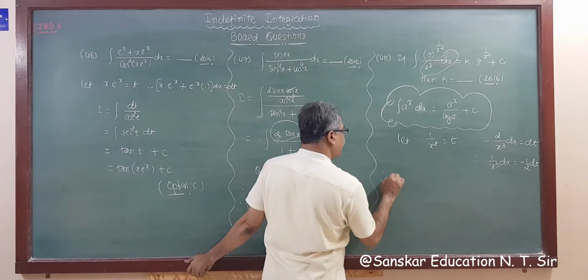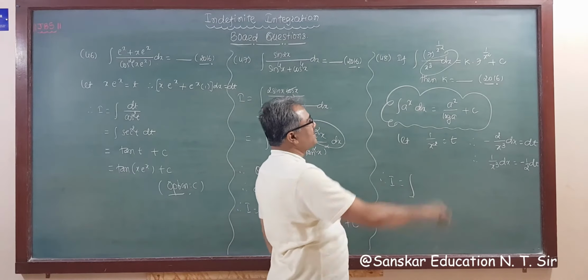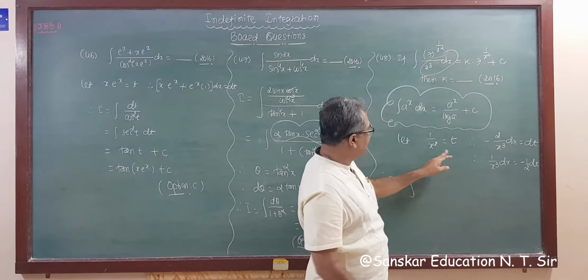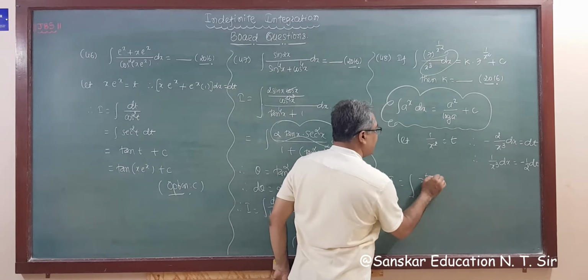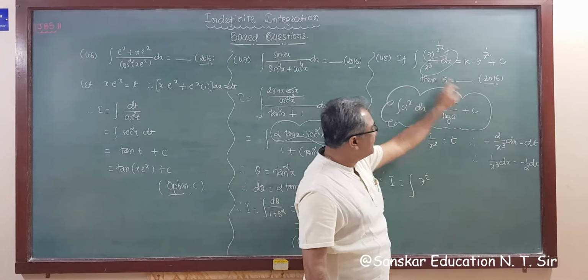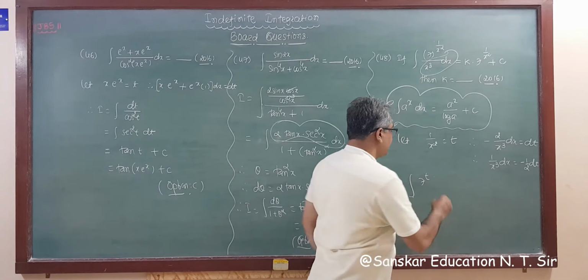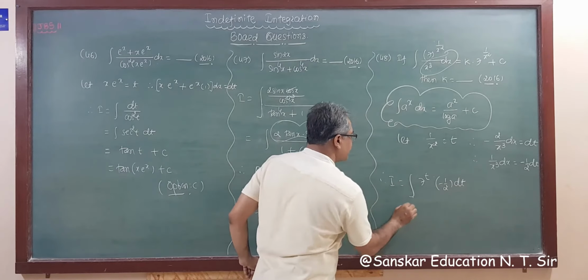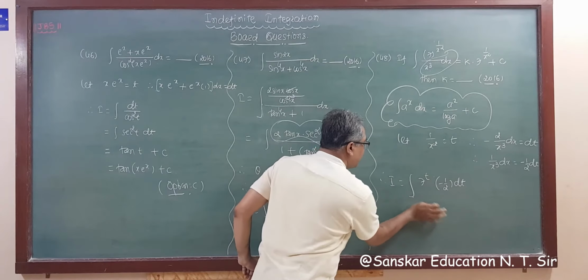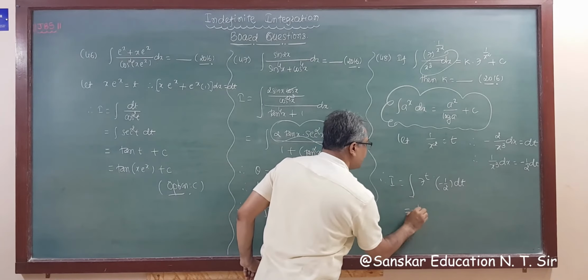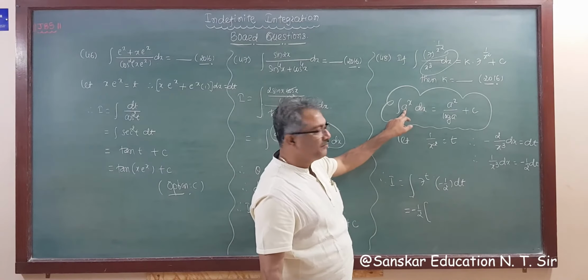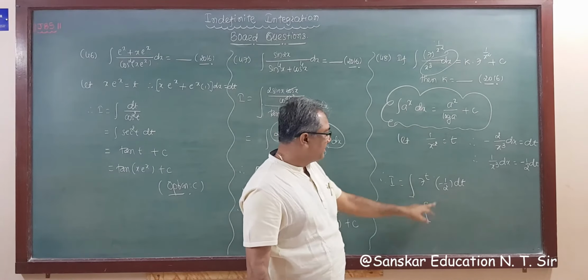So applying the assumption, I is equal to 7 raised to 1 upon x square, which is 7 raised to t, and this is minus half dt. Now minus half is a constant. So minus half, and the integration of 7 raised to t: the formula is this, and instead of a, here is t.